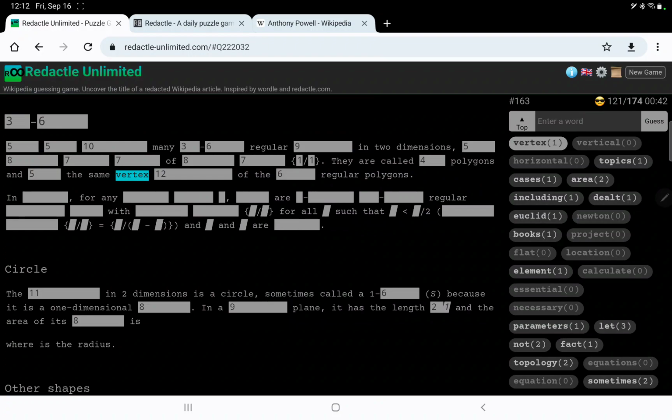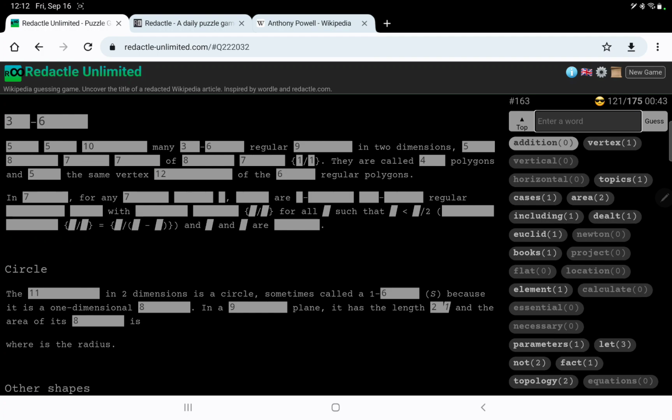They're called something. Polygons and something. Not in addition. Well, let's put it in anyway. No, in something. Well, maybe it's an area of mathematics.